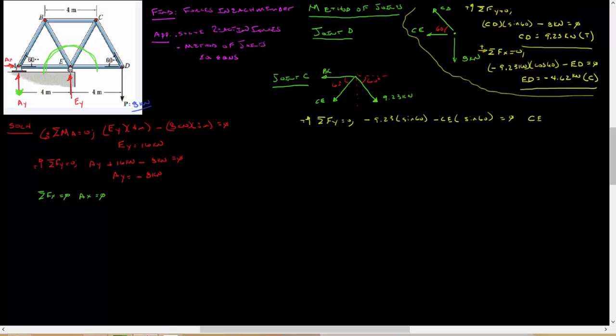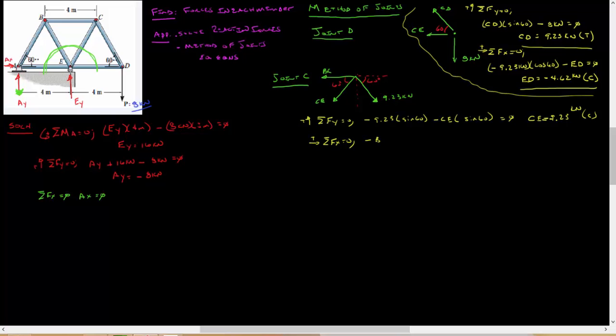So CE is 9.23 kilonewtons in compression. So that came out to be negative 9.23.